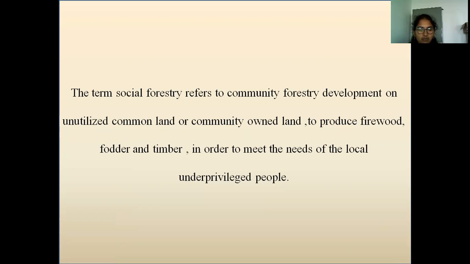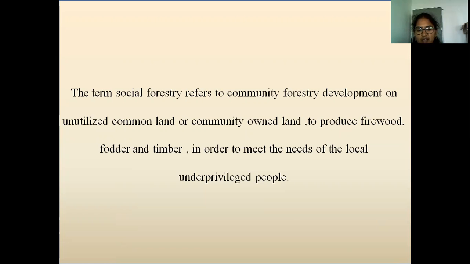It involves the planting of trees in government wastelands, panchayati land, and also in and around the village common roads.